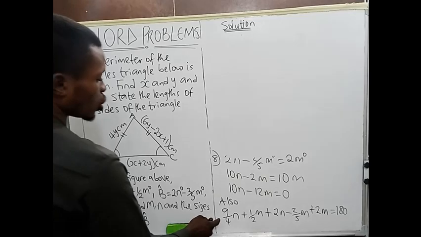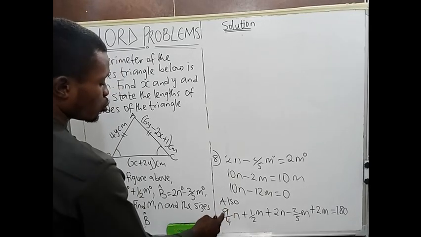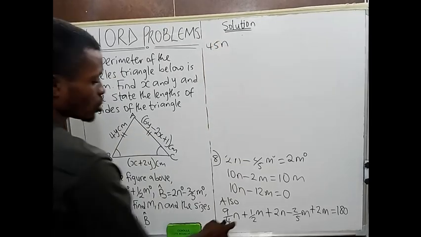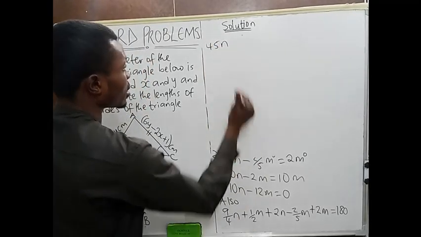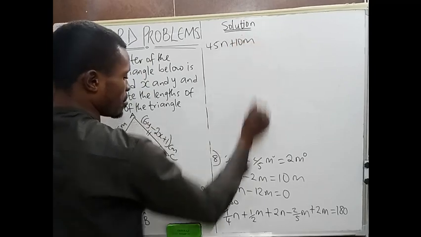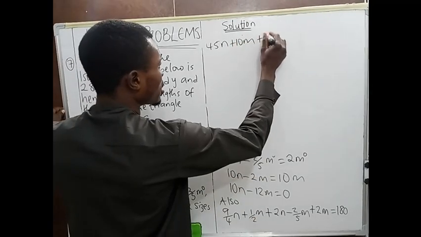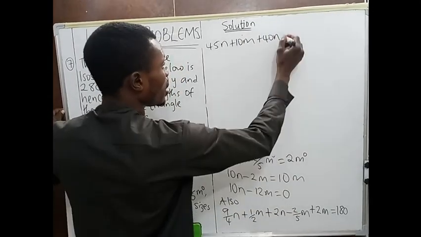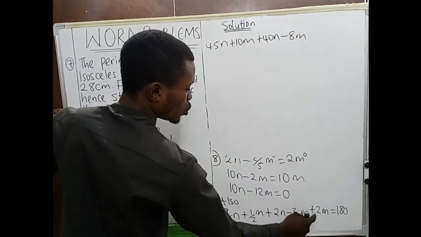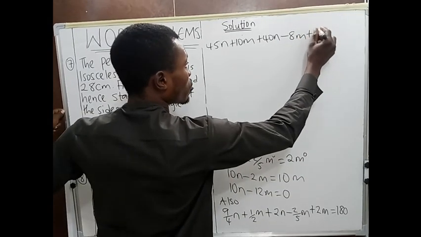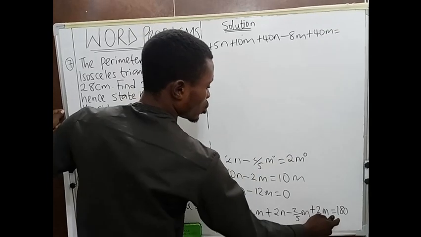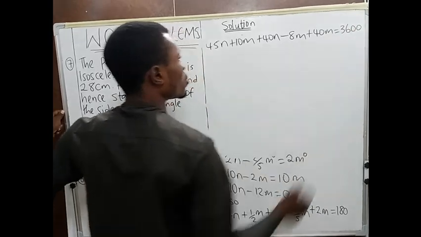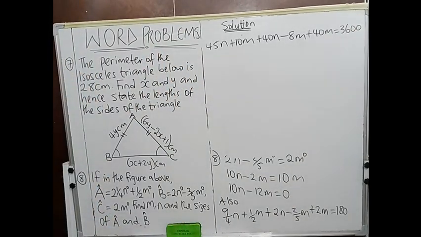Okay, it's 20. 20 times this, 4 into 20, 5 times 9, we have 45n. 20 times this, 2 into 20, 10, plus 10m. 20 times this, plus 40n. 20 times this, 5 into 20, 4 times 2, 8, minus 8m. 20 times this, plus 40m equals 20 times 180, 2 times 18, 36, you have 0, 0, 3,600.